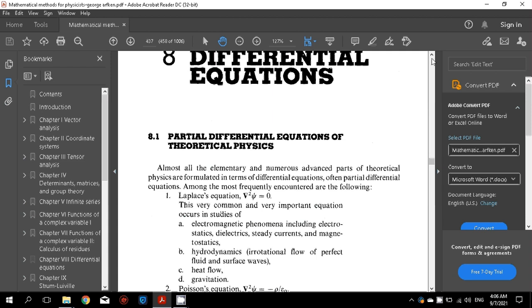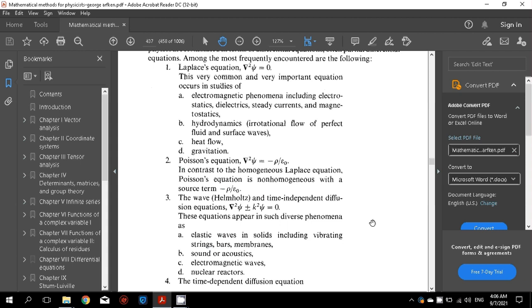This equation is also seen in hydrodynamics, irrotational flow of perfect fluid and surface waves. It is also a common equation in heat flow and in problems with gravitation.